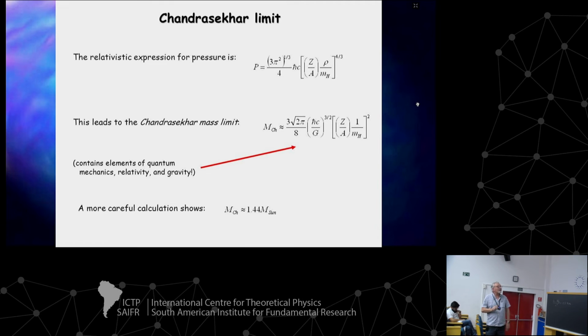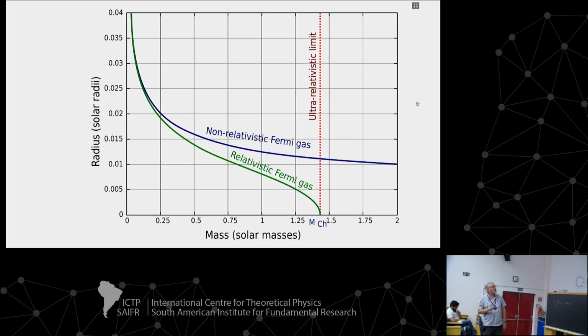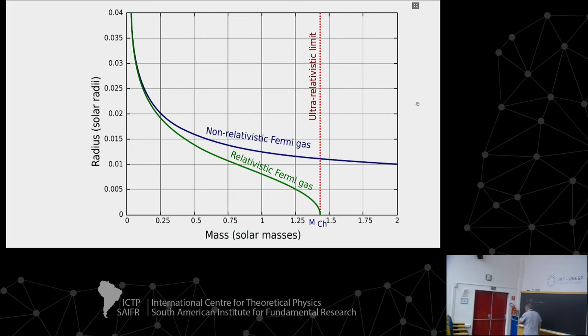Neutron stars, we have a problem because we don't know what happens with the matter inside at high density, that is, the equation of state. I only show these plots, relativistic Fermi gas and non-relativistic Fermi gas, because nowadays many people working on neutron stars are trying to fit M over R curves with equations of state that are non-relativistic.